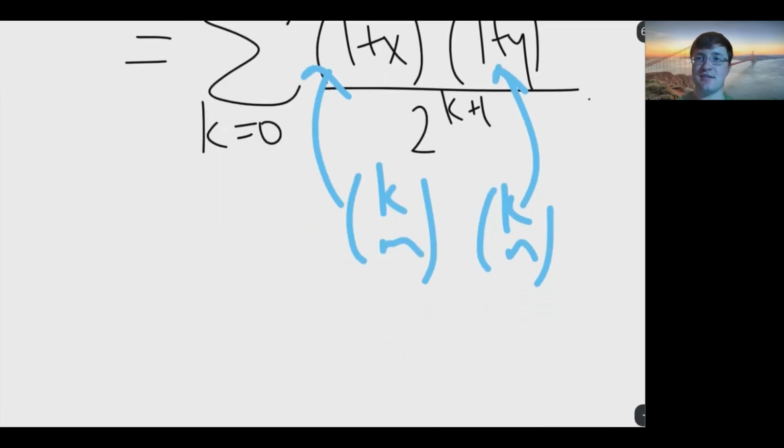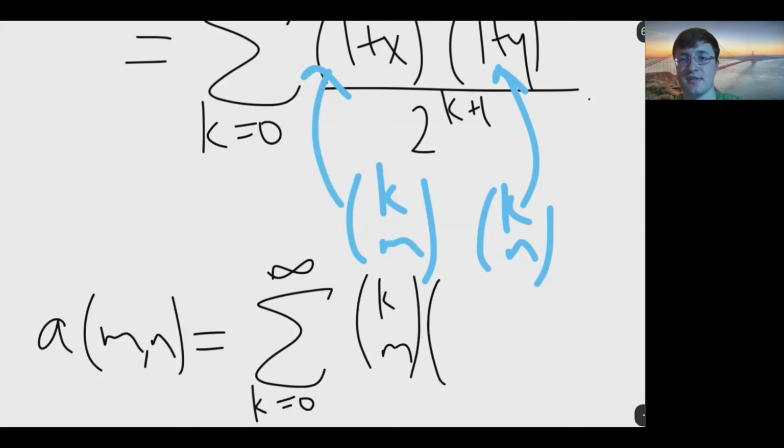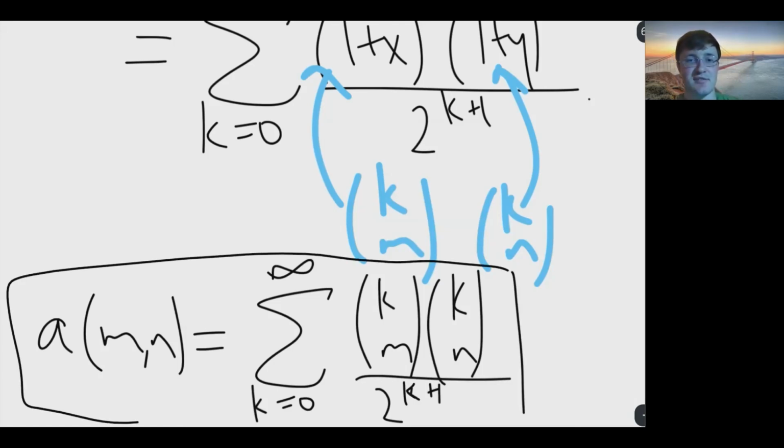So the total coefficient of x to the m, y to the n, which is amn, is the sum over all k's of k choose m times k choose n over 2 to the k plus 1. Okay, so we get two very different looking formulas for amn.